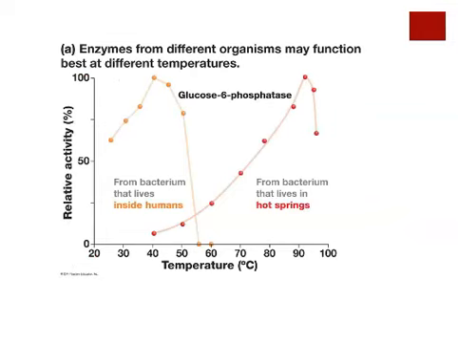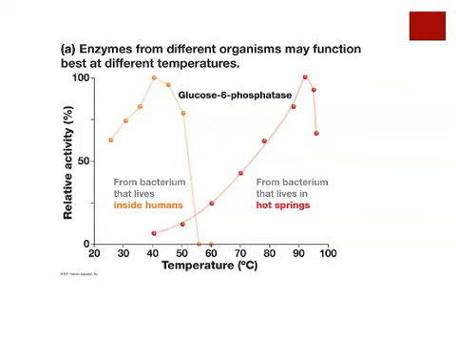Take a look at this graph. On the x-axis we have temperature in centigrade, and on the y-axis we have relative activity, a percentage of enzyme activity. Now there are two different lines on this graph, two different data sets. What we're looking at is one kind of enzyme called glucose 6-phosphatase and how it performs inside two different kinds of bacteria.